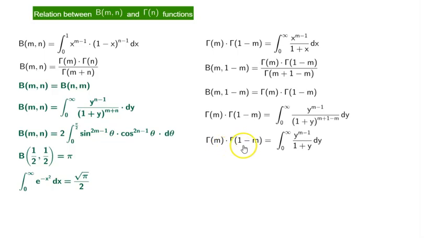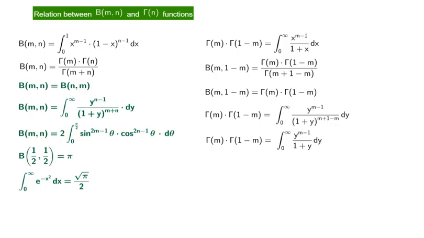So gamma of m times gamma of 1 minus m is equal to the integral from 0 to infinity of y to the power of m minus 1 by 1 plus y dy. And here, if you compare this integral and this integral, the only difference is the variable of integration. Here it is x, here it is y.